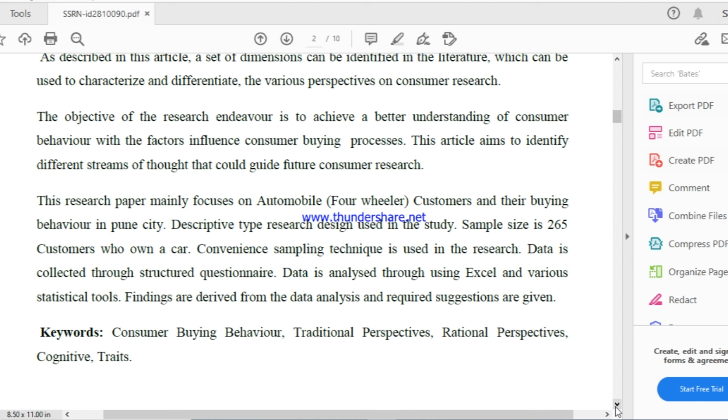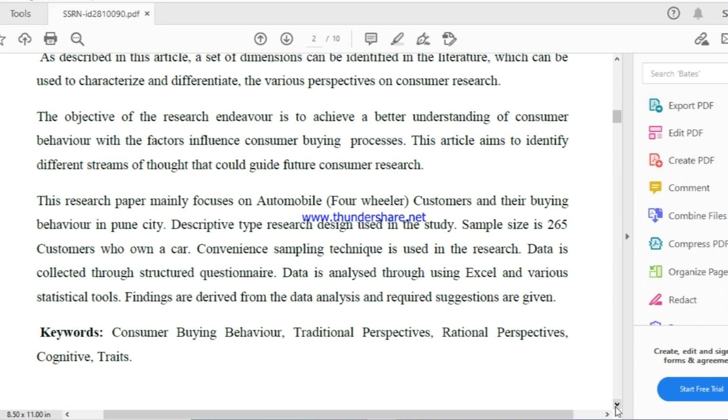They have taken a descriptive research design, the sample size is mentioned, and the customers are also mentioned. This represents the target customers, and then they describe the sampling technique they used. Data is collected through a structured questionnaire and analyzed using Excel.